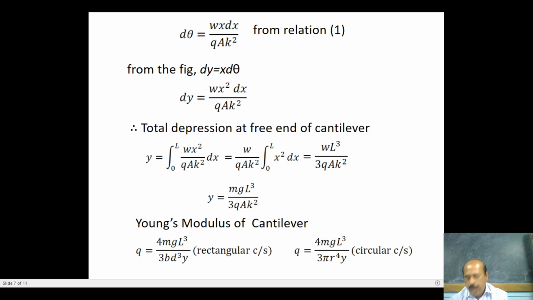Our aim is to derive the expression for the total depression produced by a cantilever at the free end. The total depression is obtained by integrating the dy expression between the limits 0 to L.